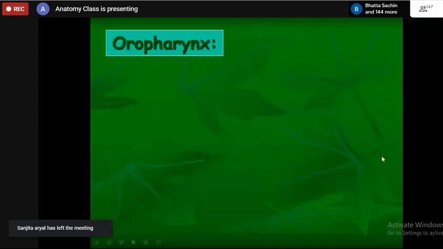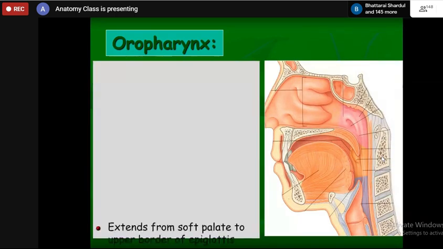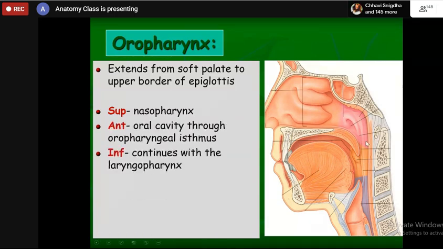Now next is the oropharynx. What is the extent of the oropharynx? From here up to here, we have the oropharynx. It extends from the soft palate to the upper border of the epiglottis. The oropharynx has superior communication with the nasopharynx, inferior communication with the laryngopharynx, and anterior communication with the oral cavity through the oropharyngeal isthmus.